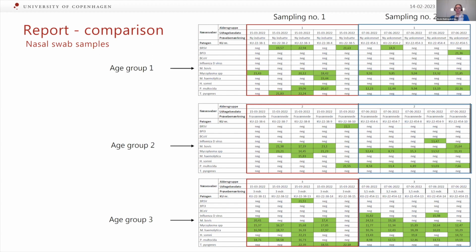And here you can see an example where to the left you have the result for sampling round 1, and to the right you have the result for sampling round 2, and then you have a table for each group. And this was just to give the veterinarian and the farmer an overview of which pathogens we have found within the different age groups and within the different sampling rounds.